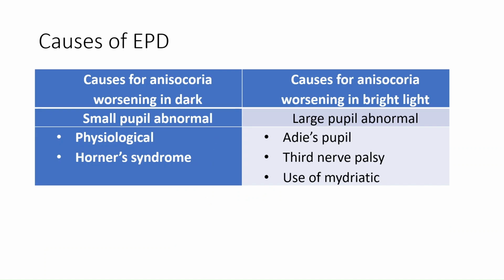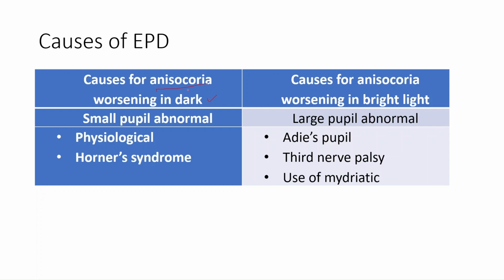Causes of EPD. There are a few causes, it might confuse you, so I have tabulated them in two columns here: anisocoria worsening in dark and anisocoria worsening in bright light. What does this mean to you? When anisocoria worsens in the dark, a normal pupil should dilate, but when there is anisocoria, one is small and one is big.